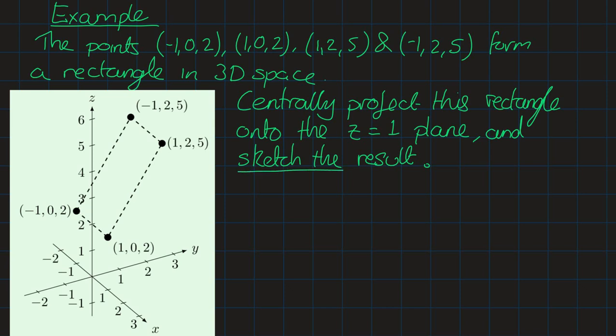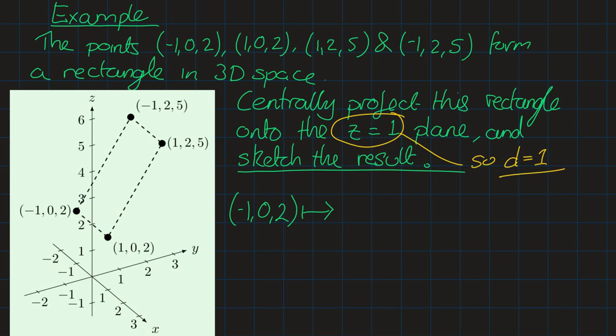So let's centrally project some of these points. The first point, (-1, 0, 2), gets mapped to, well, it's important to note that in this case we're looking at the z equals 1 plane, so this means that d equals 1. So it's going to be 1 times -1 over 2, comma 0 over 2, comma 1, which is just (-1/2, 0, 1).